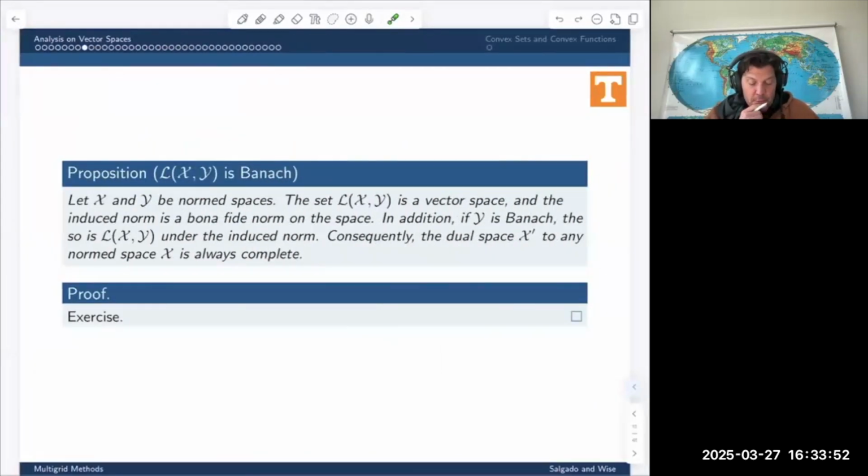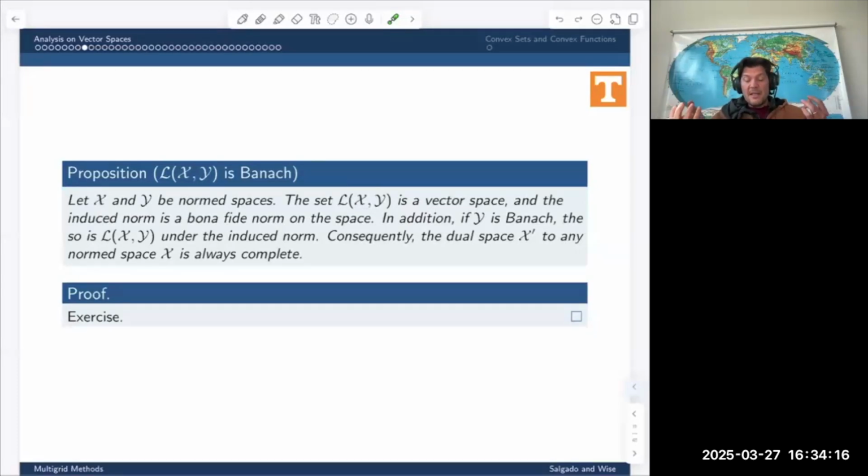All right, so now here's a very nice property, well, a couple of nice properties. The first one is, suppose that X and Y are normed spaces, then this space, the space of bounded linear functionals or bounded linear operators from X to Y, turns out to be a vector space.